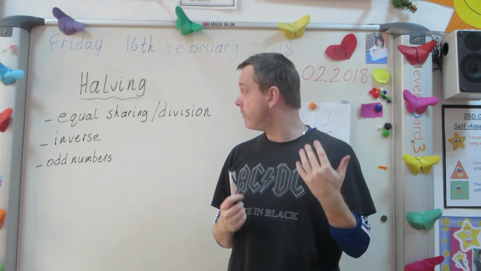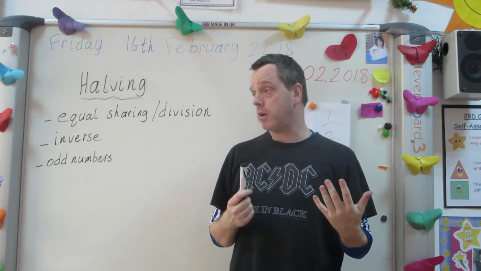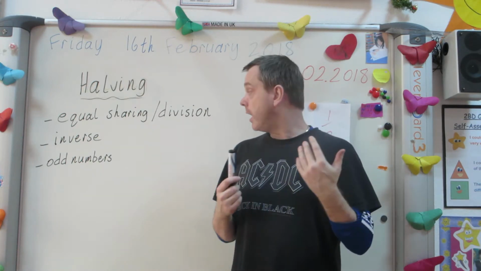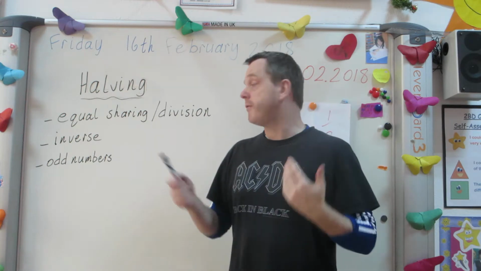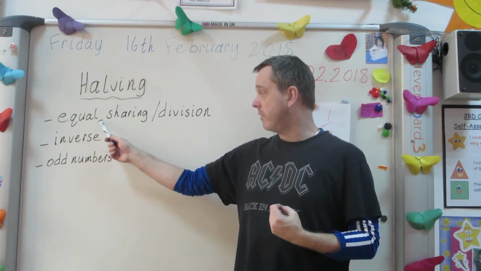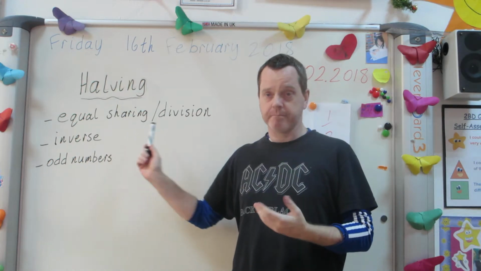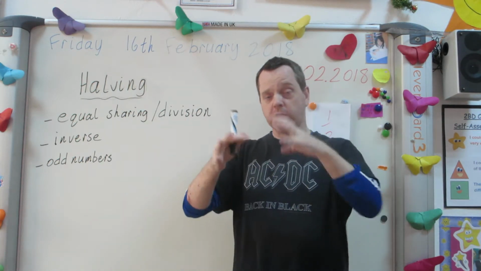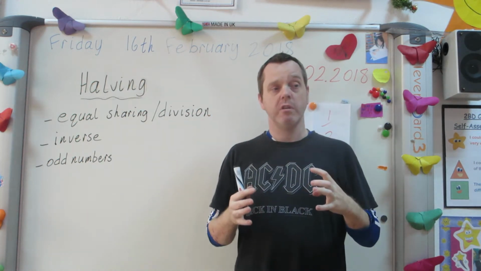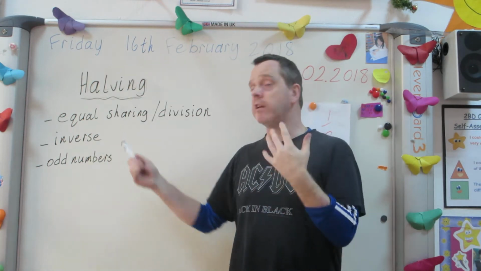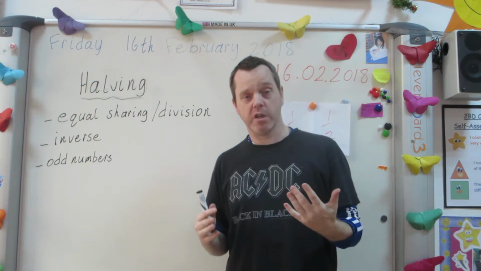When we start out doing halving, the numbers are quite small, and it's important for the children to understand that it's the same as equal sharing. The two halves or the two amounts that you get to in your answer must be equal. And it's the idea of sharing.